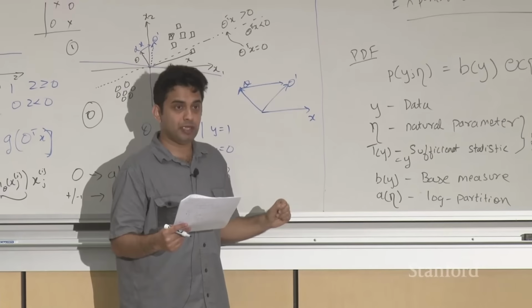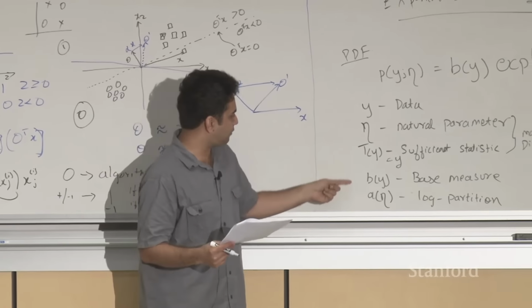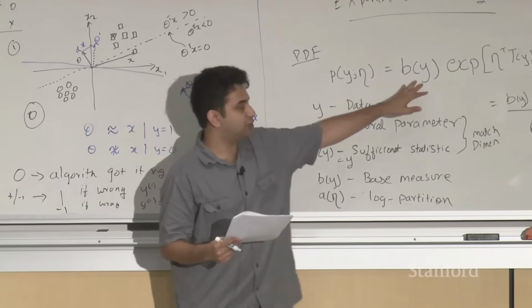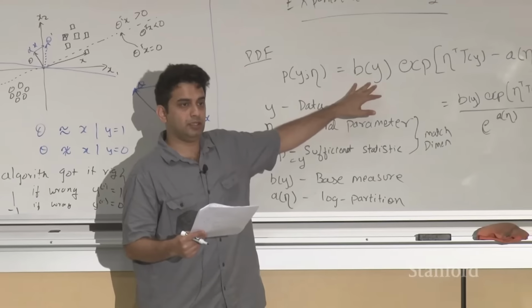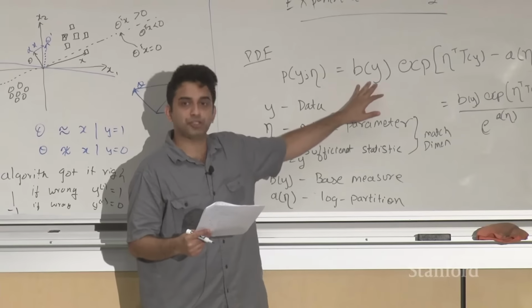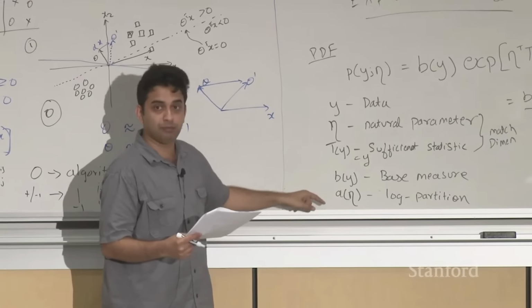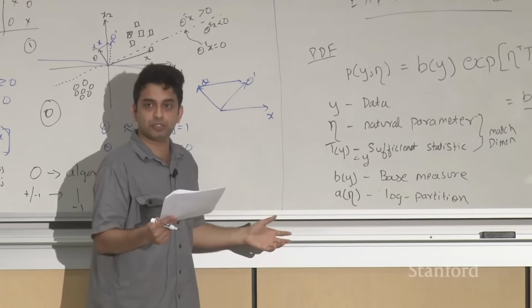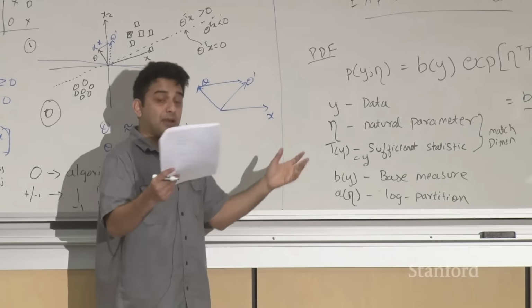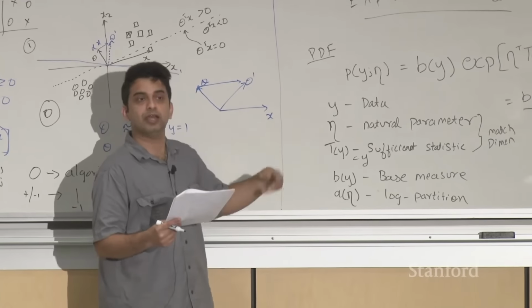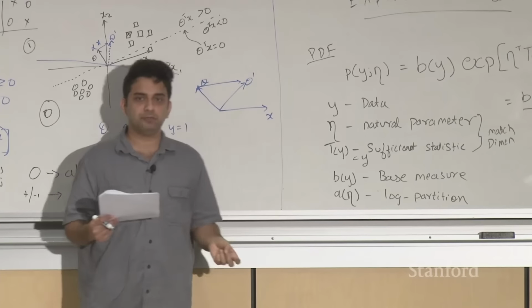What does that mean? For some choice of A, B, and T, this will be equal to, say, the PDF of the Gaussian, in which case for that choice of T, A, and B you got a family of Gaussian distributions, such that for any value of the parameter you get a member of the Gaussian family.